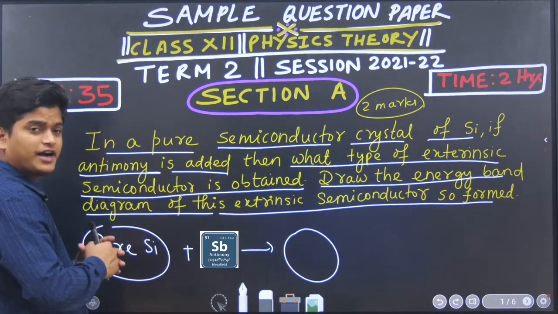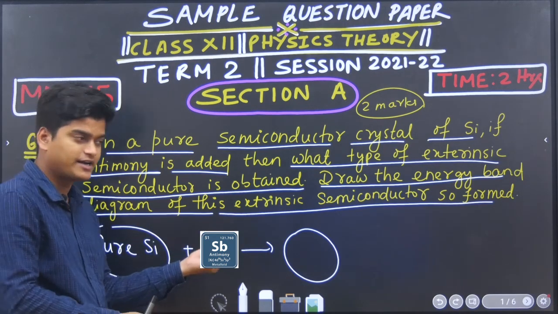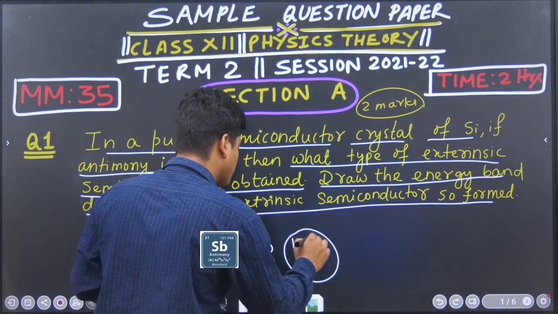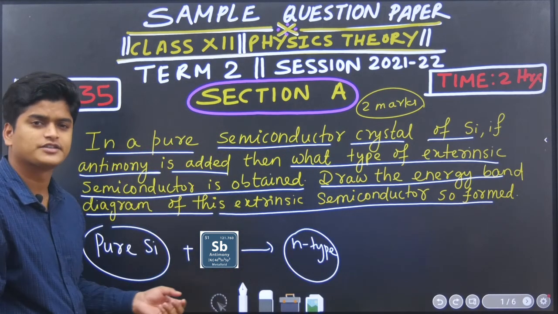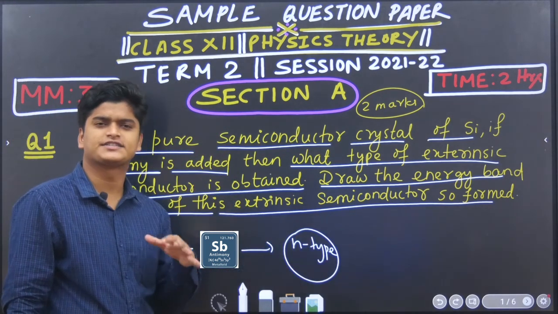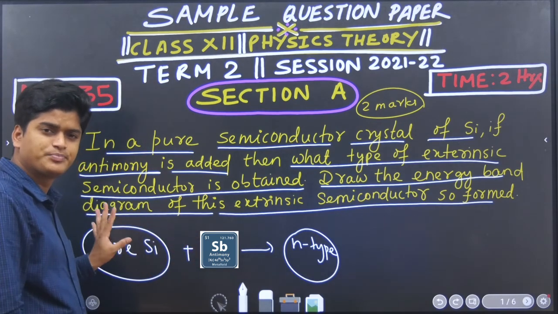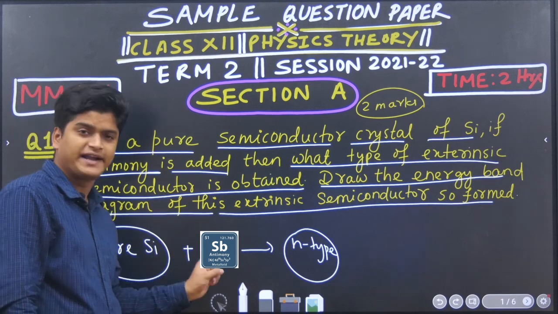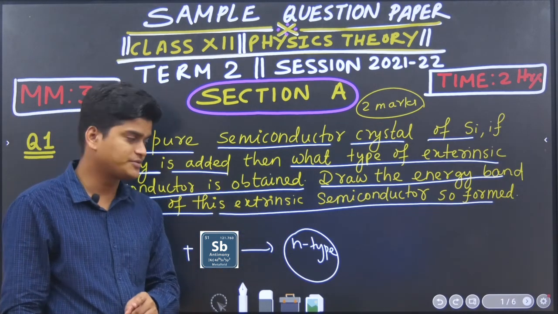Now first let me give the idea here. If antimony, a pentavalent impurity, is added to pure silicon, then definitely an N type semiconductor will form. This is your extrinsic semiconductor, and that is your intrinsic semiconductor. Remember, intrinsic means pure form semiconductor. If a pentavalent impurity is added, then an N type extrinsic semiconductor is formed.